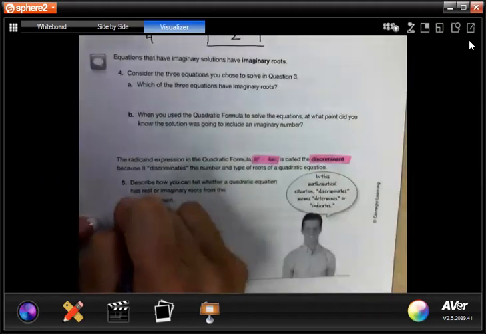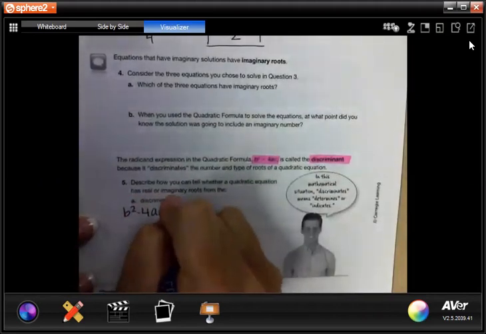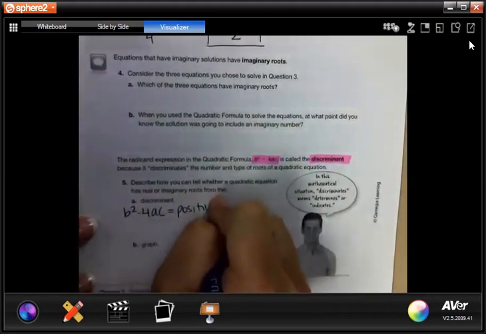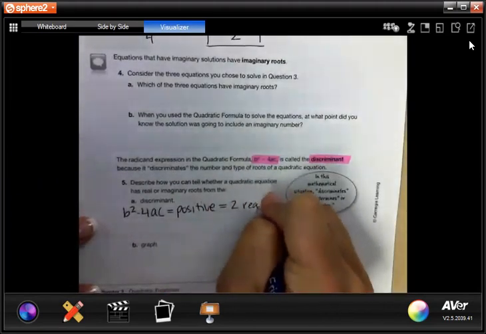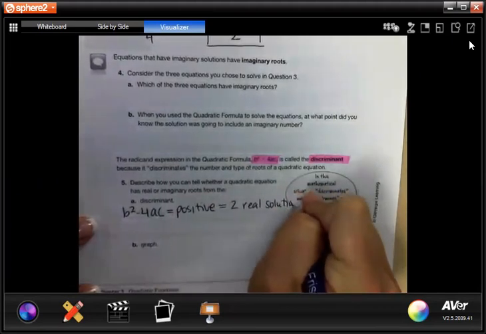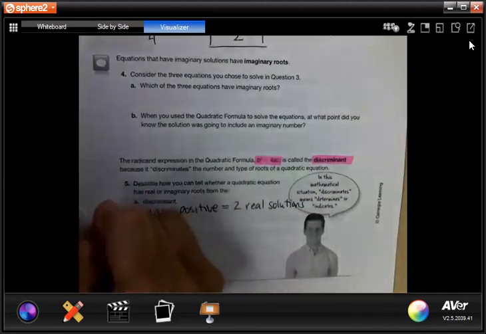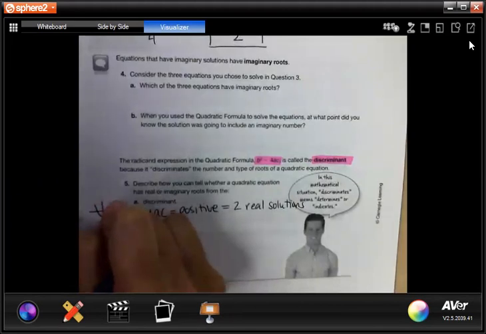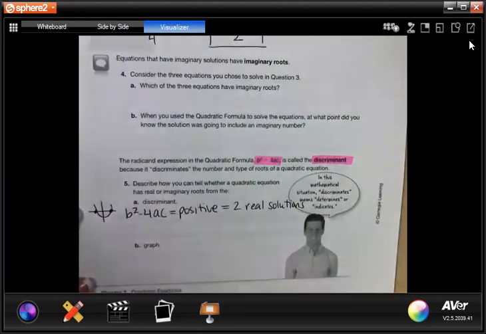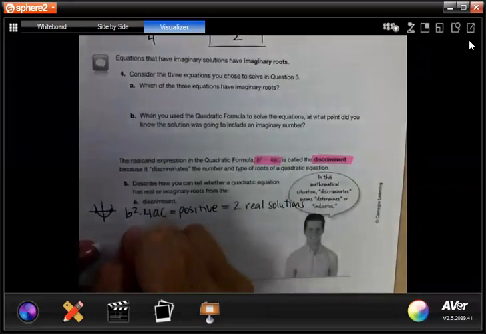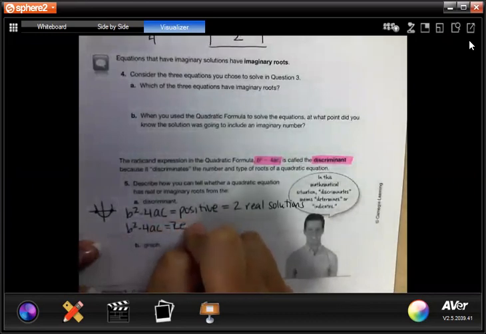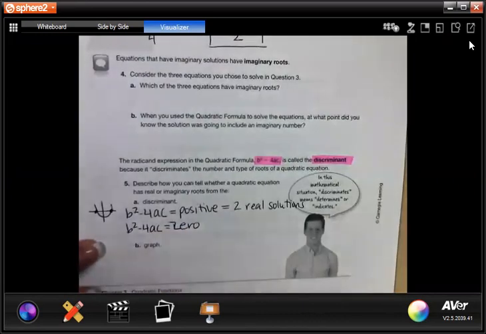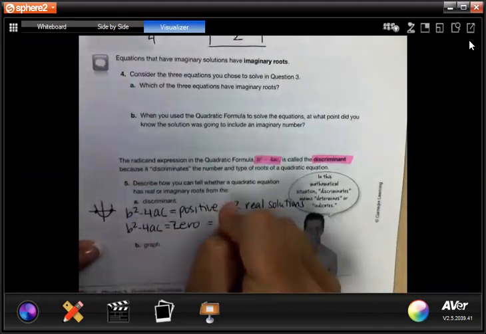So if that b squared minus 4ac was equal to a positive, then there were 2 real solutions. And that graph looked like this. It hit in 2 places. If b squared minus 4ac was equal to 0, then there was one real solution.